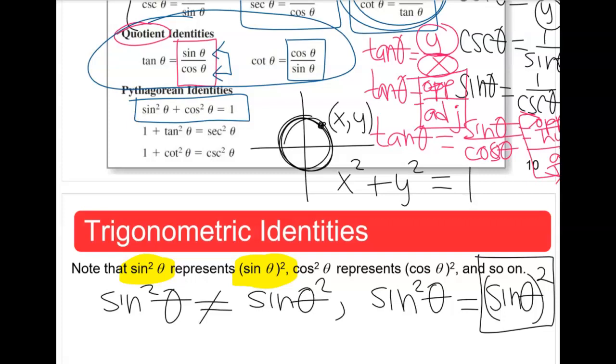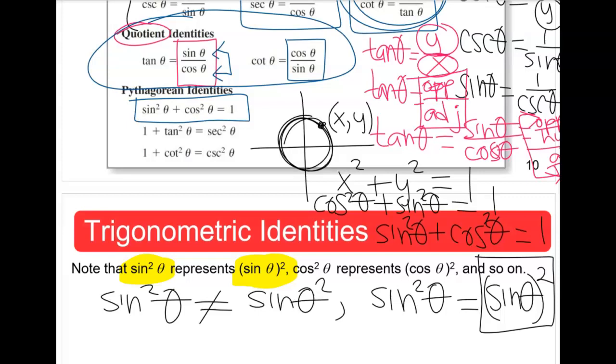And so if we just simply replace, we know that the x coordinate gives us the cosine values. So cosine squared of theta plus sine squared of theta is equal to 1. And of course, if we reverse sine and cosine it is the exact same thing because addition is commutative. So they have the exact same meaning. So that will be the Pythagorean identity.